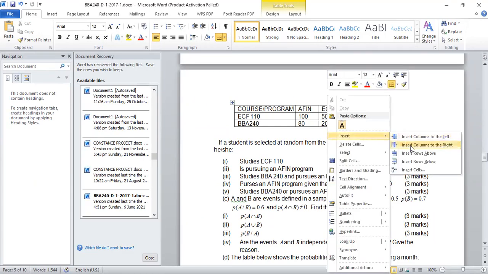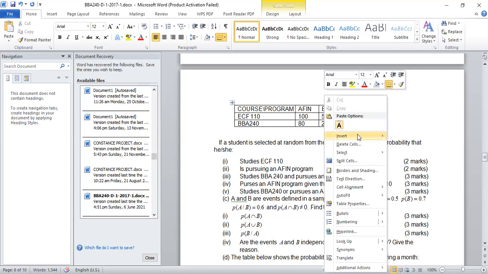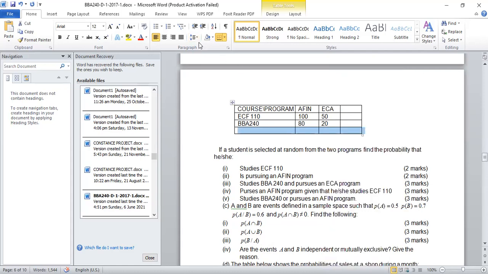So what you need to do, you find the totals.